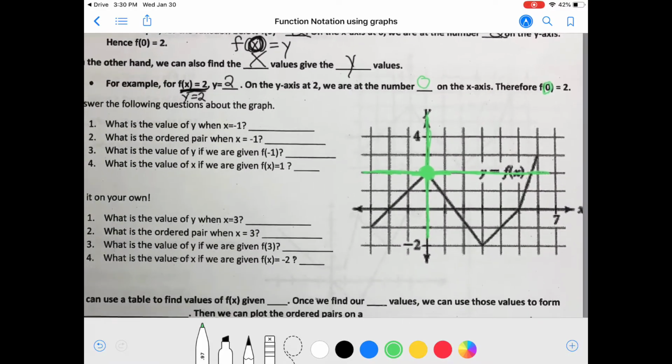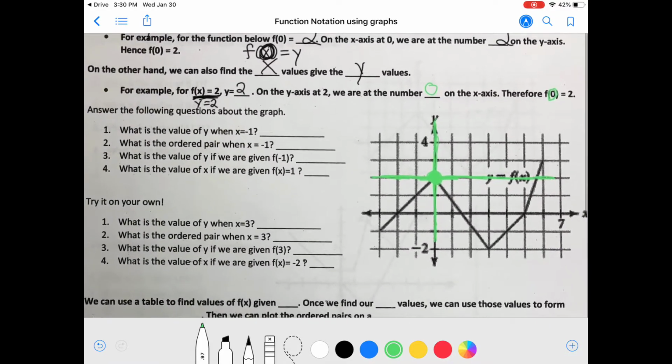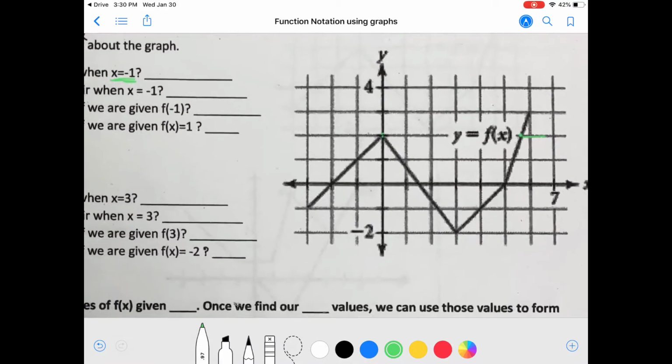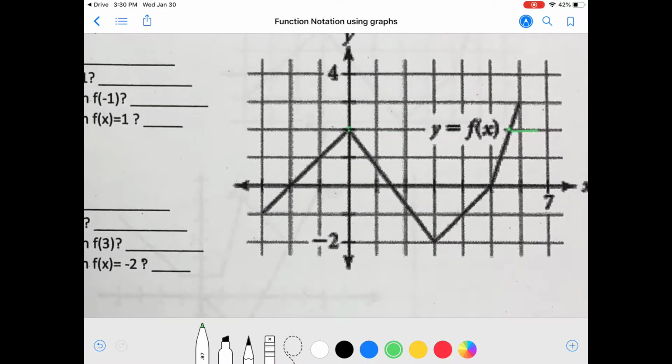So how are we going to do this when x is -1? Well, first I'm going to erase everything, so pause the video if you need to. We're going to start with x equals -1. I'm going to go to my graph. I'm going to start at my origin, and I'm going to count to the left 1 because it's negative and it's my x value.